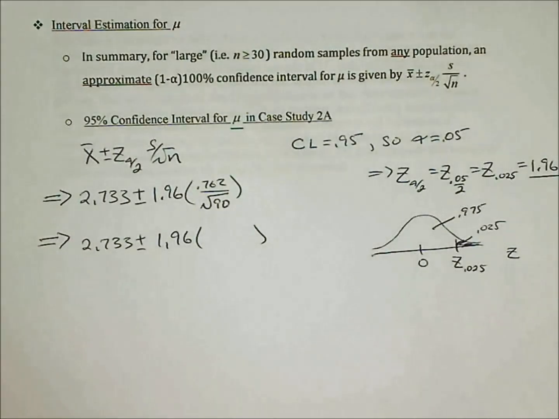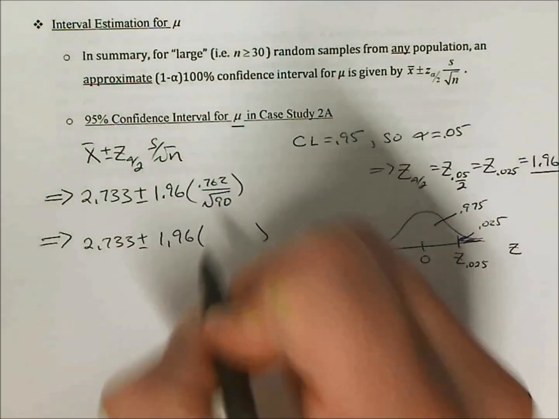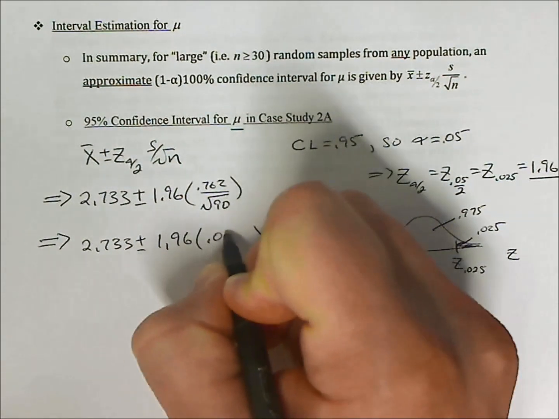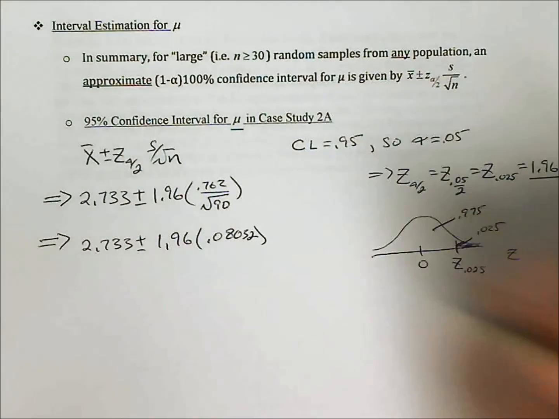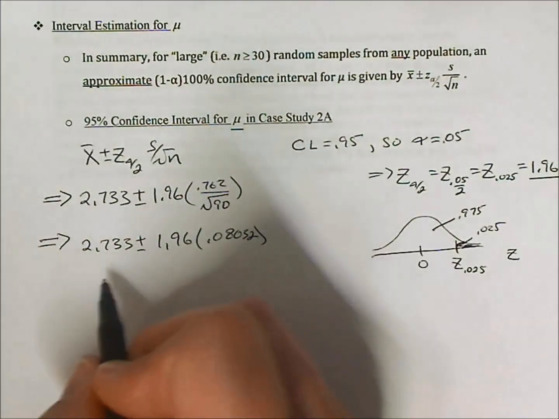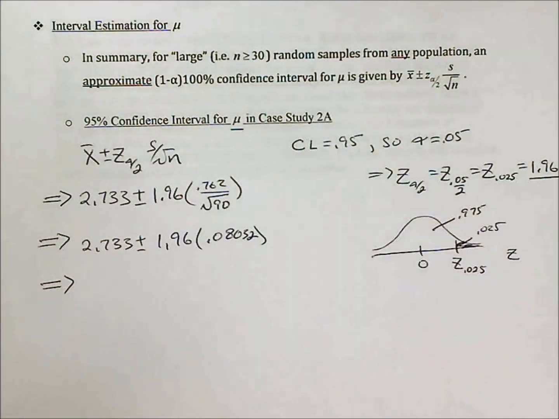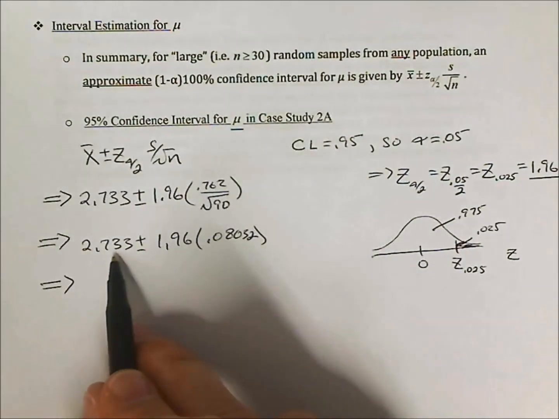I'm looking for a calculator here. So we'll take 0.762 divided by the square root of 90. And if you do that, you get 0.08032.